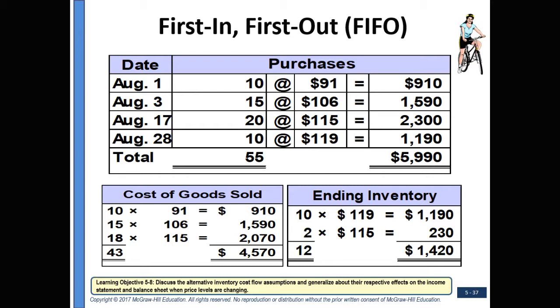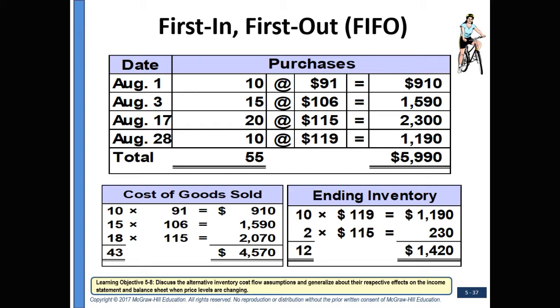We would assume cost flow assumption to the first 10 items of the beginning inventory at $91, the next 15 at $106, the next 18 at $115.